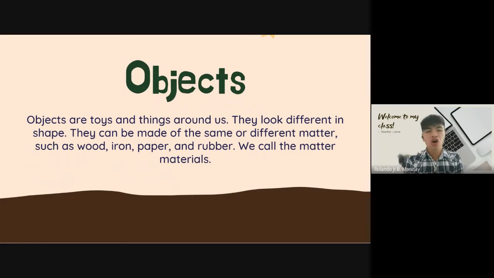Those are all objects. They look different in shape. Some of the things are circle, some are triangle, some are square. For example, the clock is usually circle. The fan is usually circle. The pan is also circle.